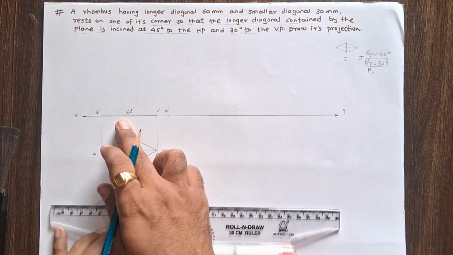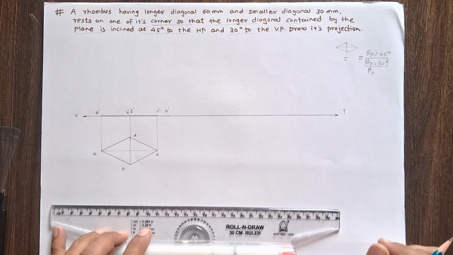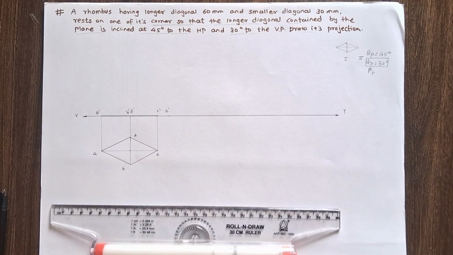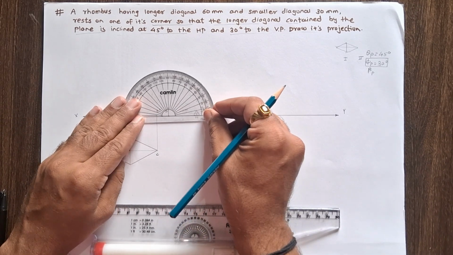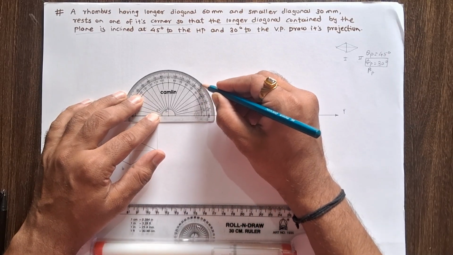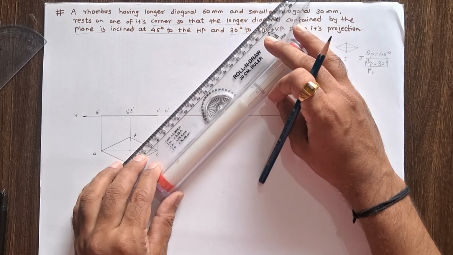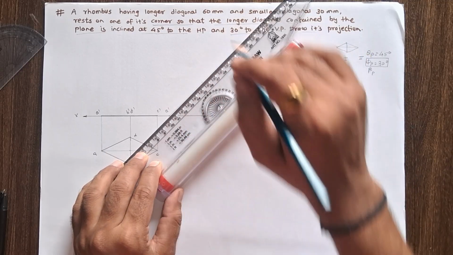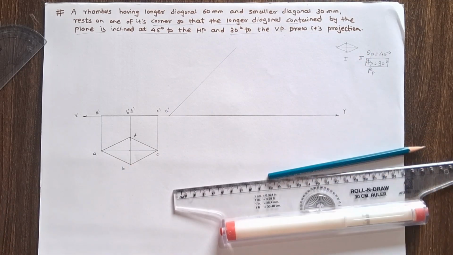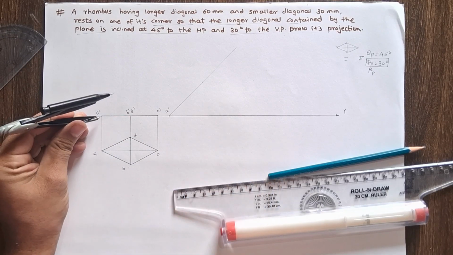The front view line view of the plane is inclined 45 degrees to the HP. For that, from point A dash, mark a 45 degree angle. Using a thin line, draw the angle line and mark the A dash C dash distance on this inclined line.